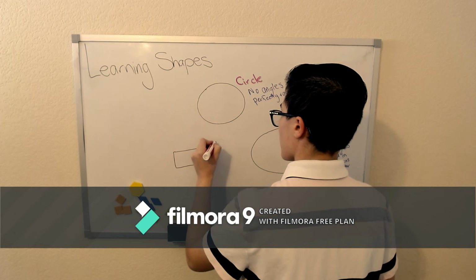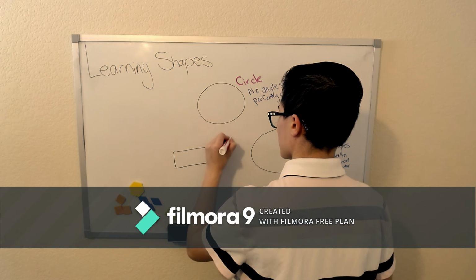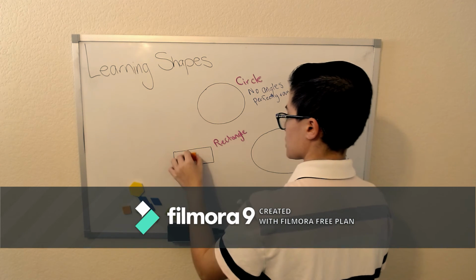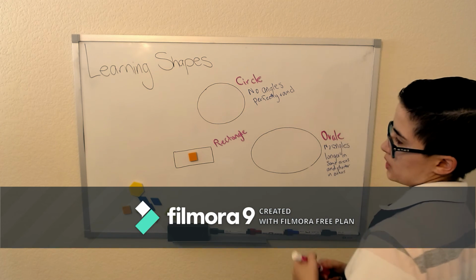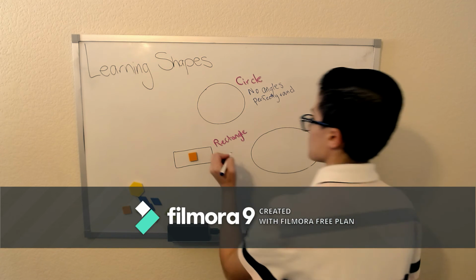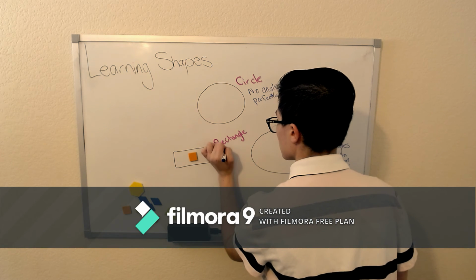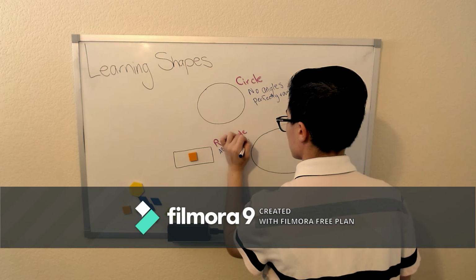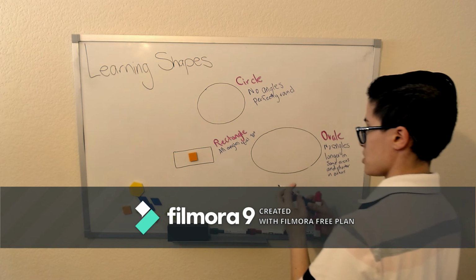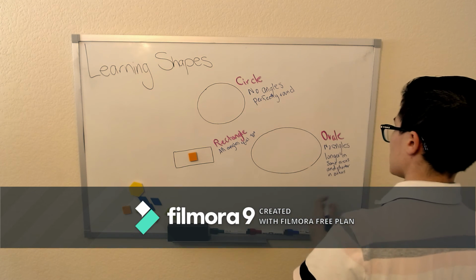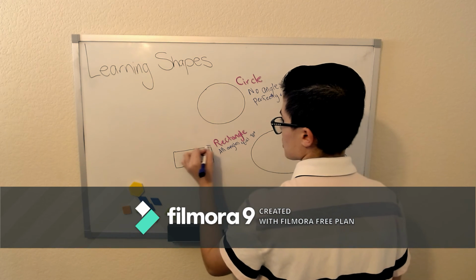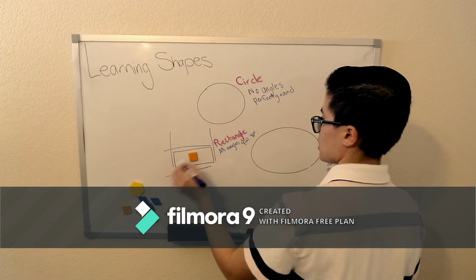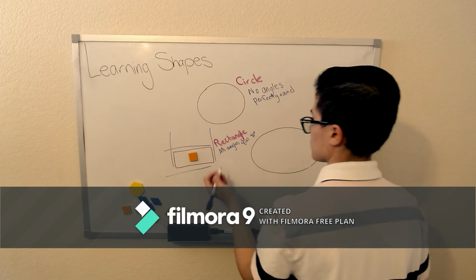Lastly, you have your rectangle, which your square and your rectangle are very similar. The difference here is while all angles are equal to 90 degrees, the rectangle is like the oval in the sense that the 2 parallel sides on the rectangle equal each other, but are not the same all around.